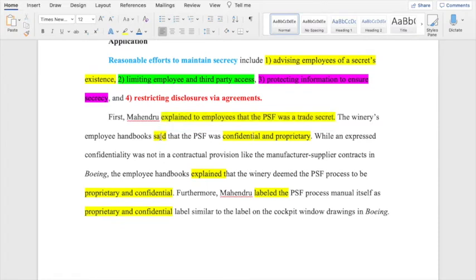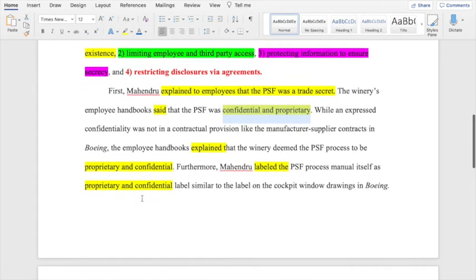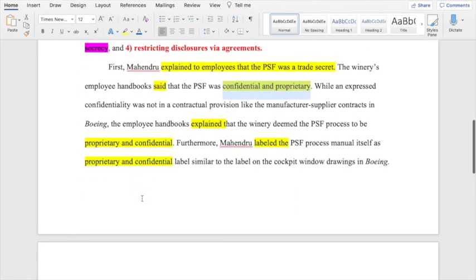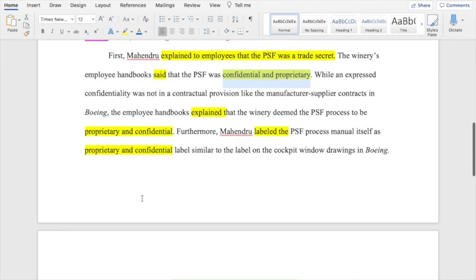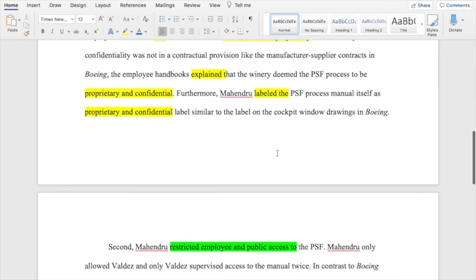And then throughout this paragraph, we see references back to that idea, that she explained, that she said, that she labeled, that it was proprietary and confidential. So these are all the efforts that she took to advise regarding secrecy. And you'll notice in this paragraph, it happens to just compare to a single case because that was the only one that shed light on this particular factor.